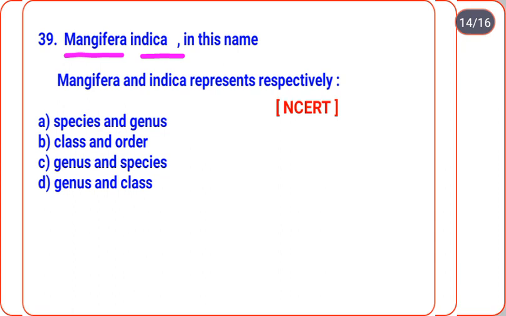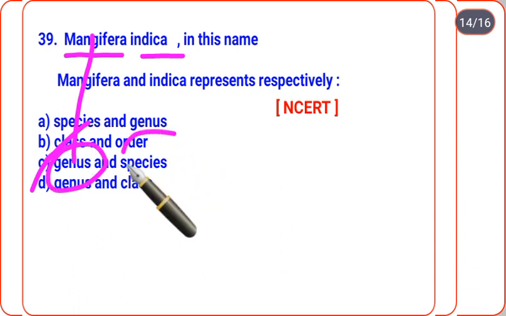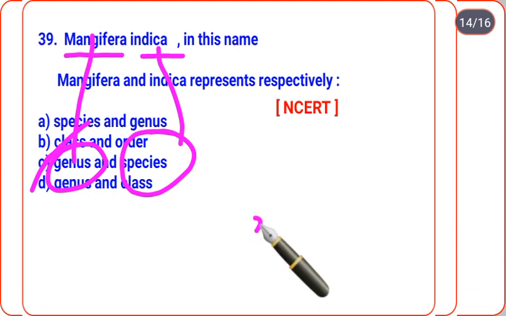Already we have discussed that the first component is generic and the second component is the specific epithet. So Mangifera will be generic, so option C is correct. Option D species, second indica. Option C is our correct option.